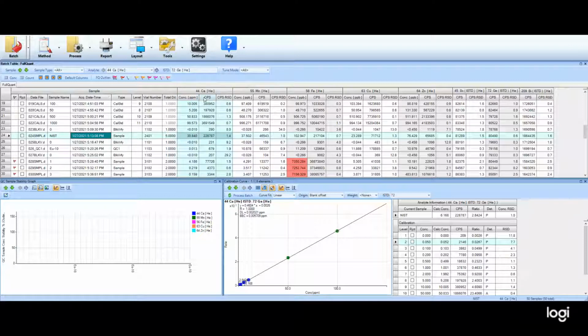It also has the counts per second, which are important for us at some points, and the relative standard deviation of the counts per second. For the internal standards, because we don't measure any concentrations, it only has the counts per second and the relative standard deviation. So this is something that we export as raw data.